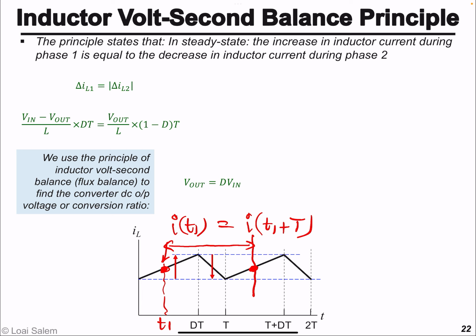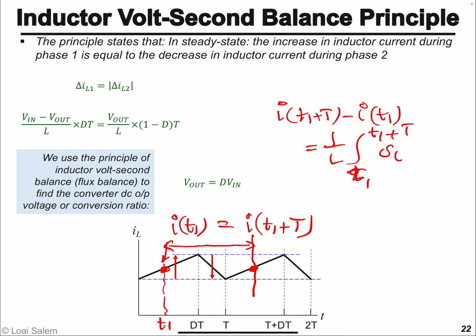And so from the integral equation for the inductor, I of T1 plus T minus I of T1 is equal to 1 over L times the integration from T1 to T1 plus T of V_L of t dt. We know that I of T1 must equal I of T1 plus T under periodic operation, or under a valid steady state.